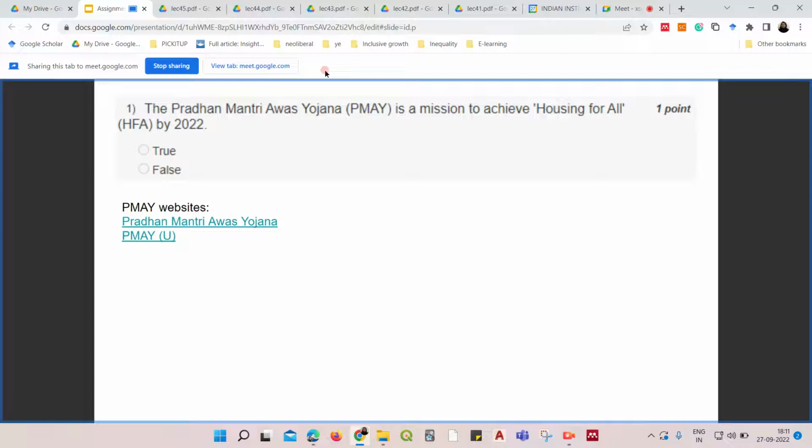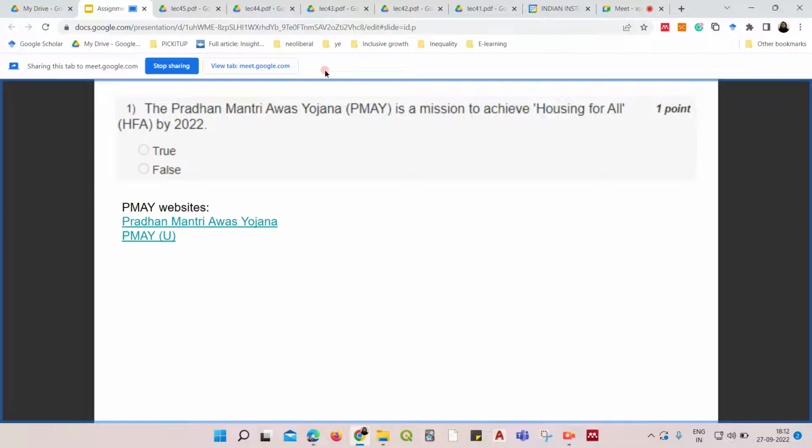They are the groups which are the most vulnerable when you consider housing, who largely lack proper housing and services related to housing. PMAY actually focuses largely on that group, because the other groups which are better economically can largely take care of their housing needs, or getting affordable housing for their income group.